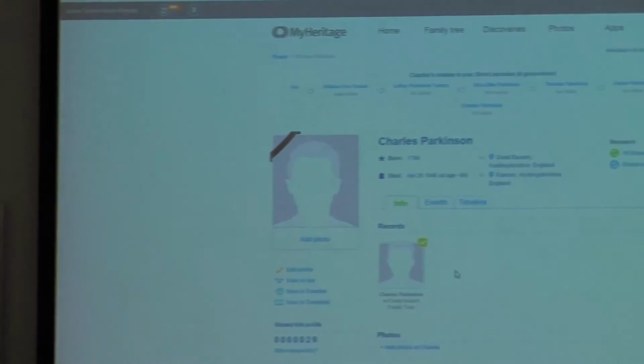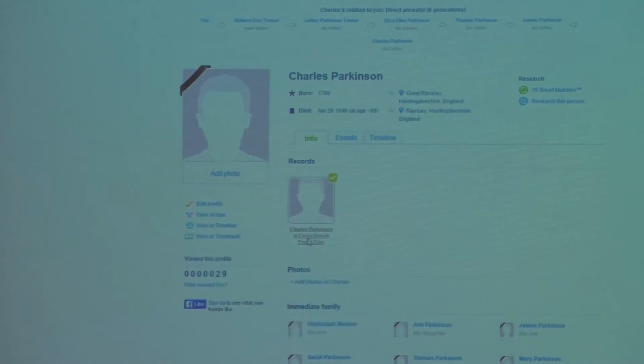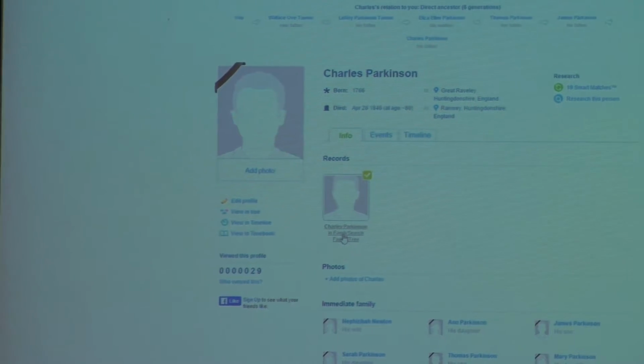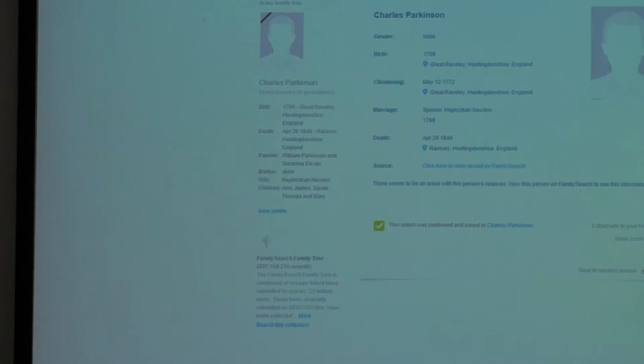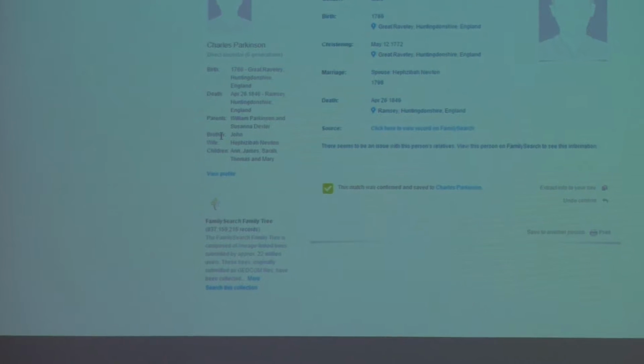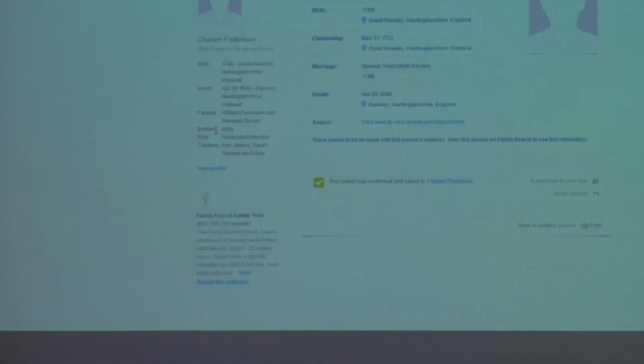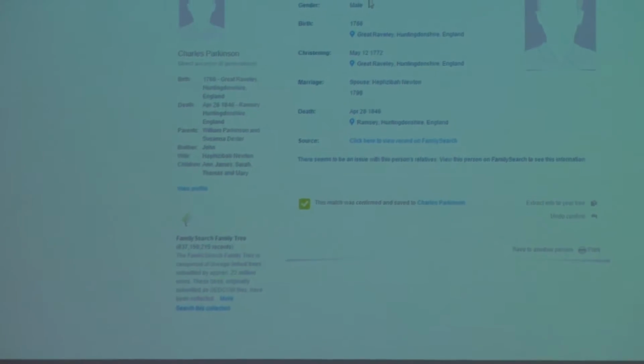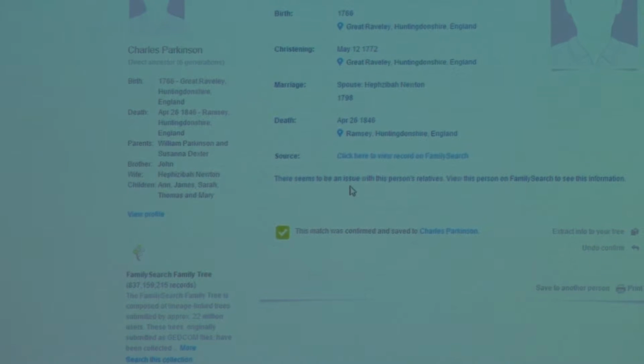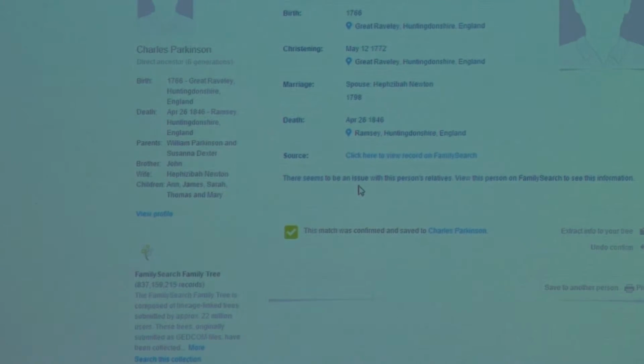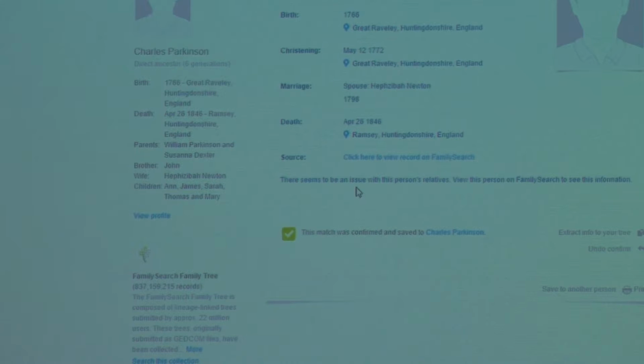Okay, so now what are we going to do to get this? Well, if I click on this, and if I hadn't done this before, then it will bring up the information over on the left-hand side that I have in my tree on MyHeritage, and then the information that I have that's coming from the FamilySearch Family Tree.